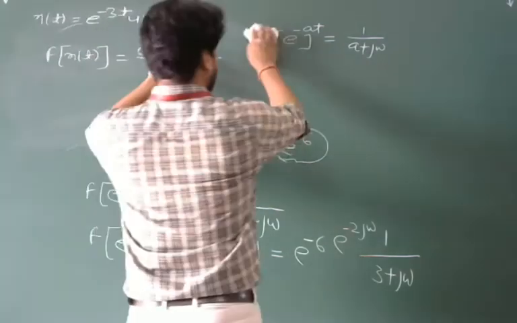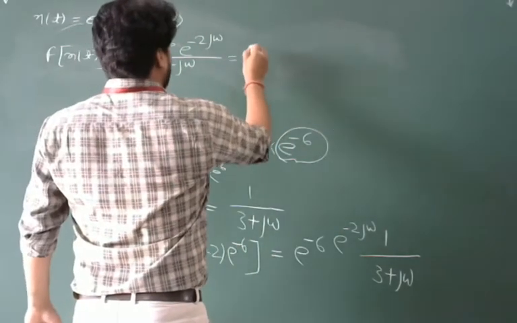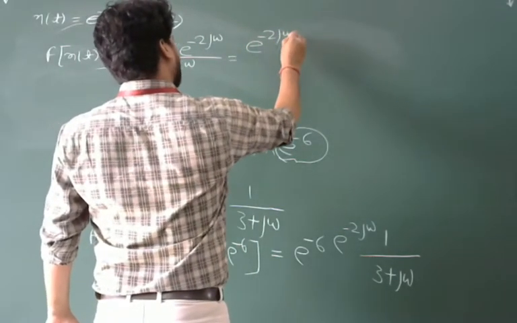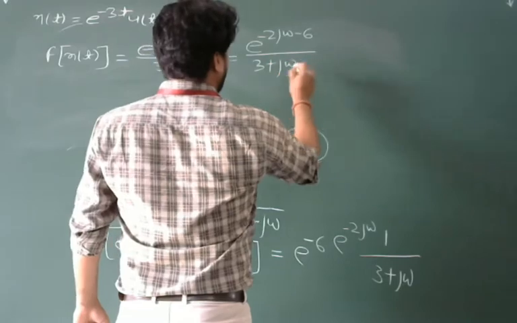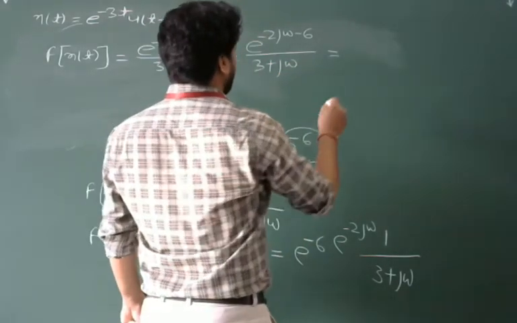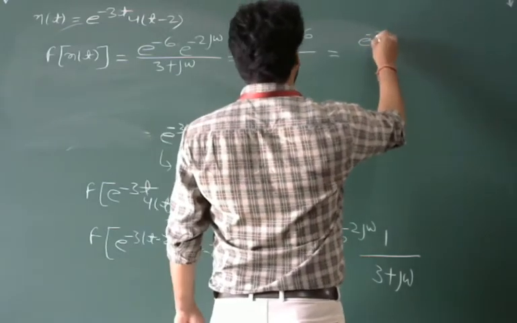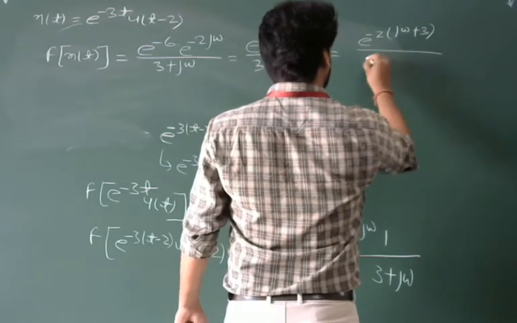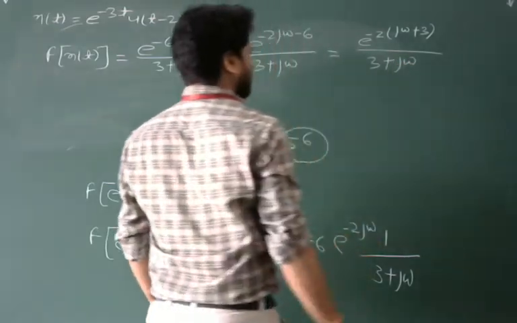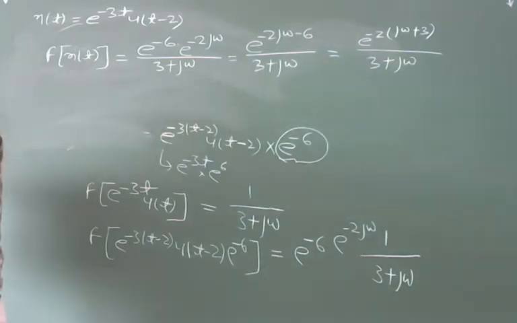We can combine these two terms and write it as e^(-2j omega - 6) divided by 3 plus j omega, or we can write it as e^(-2(j omega + 3)) divided by 3 plus j omega. This is how we can apply the time shifting property of the Fourier transform to calculate the Fourier transform of this signal.